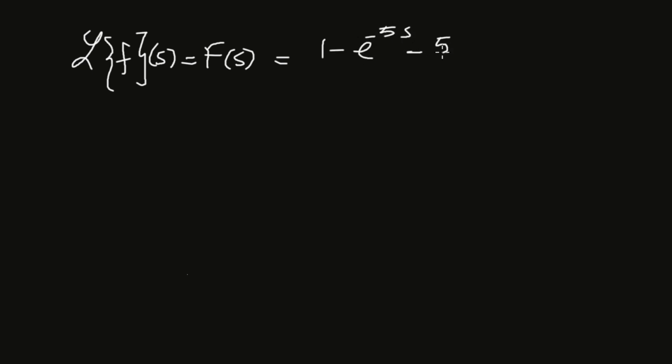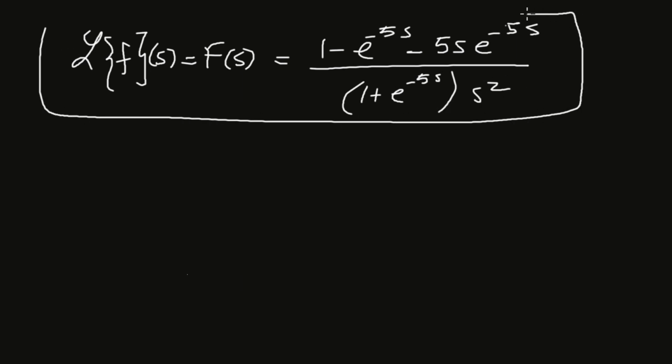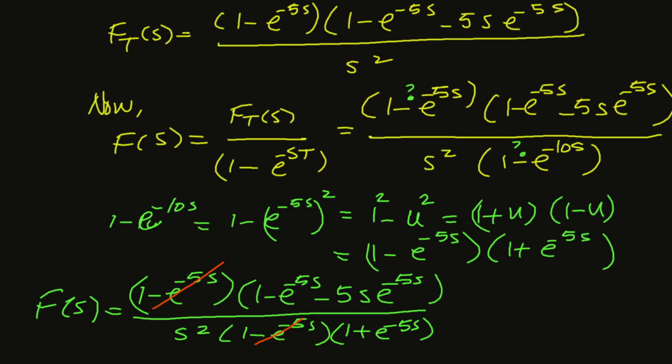So the Laplace transform of f on s, which is capital F of s, is 1 minus exponential of negative 5s minus 5s exponential of negative 5s, all over 1 plus exponential of negative 5s times s squared. Let's see, I just didn't forget the square. No, I didn't forget it there.